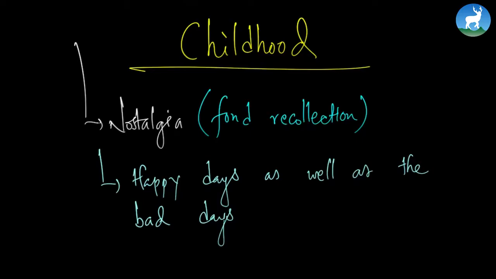So life is like that. It is a mix of happiness and sadness. So while writing, you're going to write about all those things. Maybe you had some peculiar experience, and you can share that peculiar experience in your writing.